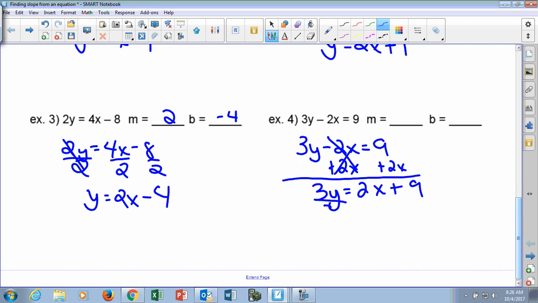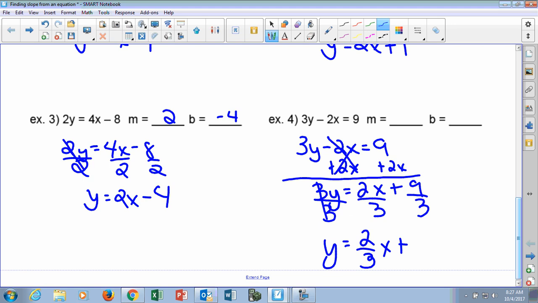Divide everything by 3. Remember, what you do to the left side, you have to do to the entire right side. So if there's 5 terms there, you got to divide every single term by 3. Okay. All right. So what'd you come up with after that? Y equals 2/3 x plus what? Well, not 9.